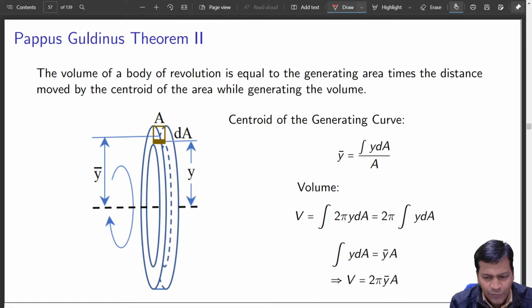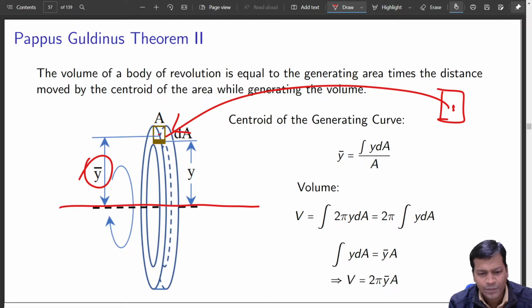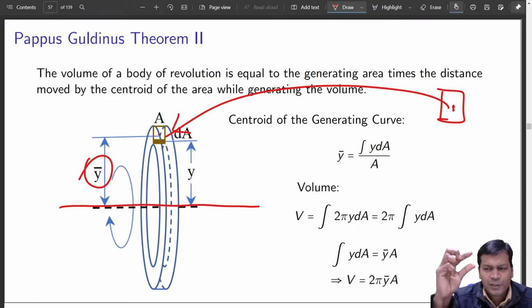If you have a square as shown here, this square will have some centroid, at a distance y bar from the axis of rotation. If you rotate this small rectangle around that axis, you will create a volume, because this is an area, it is going to create a solid.